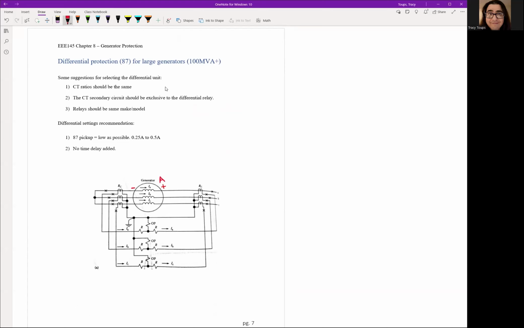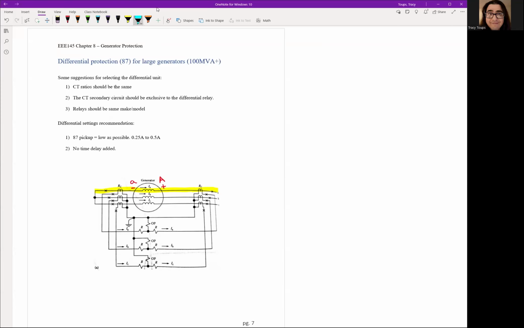And then the negative terminal coming back in is like that. Okay, so you always have 6 wires. So for A phase, you have the main wire, the actual wire itself going through the generator. This is where the current conducts.